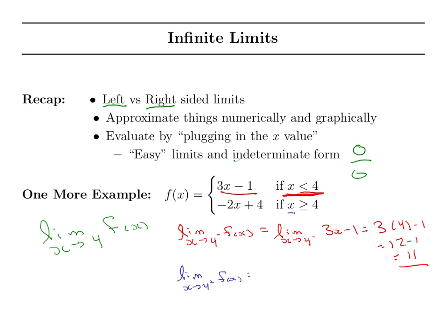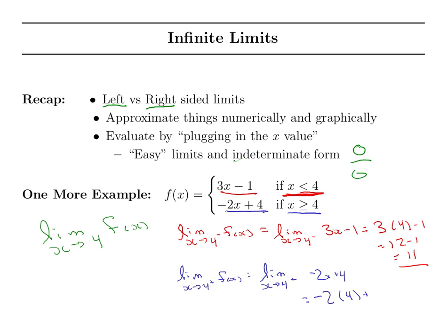And since we're looking at x values that are bigger than 4, we're going to look at this piece of our piecewise function. And so we'll say this is the limit as x approaches 4 on the right of negative 2x plus 4. And again, we can just plug in 4 and see what happens.